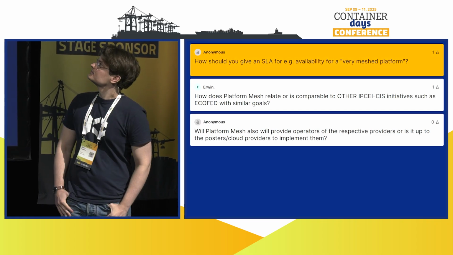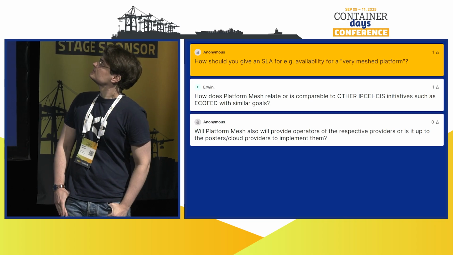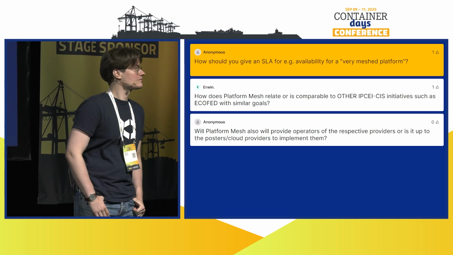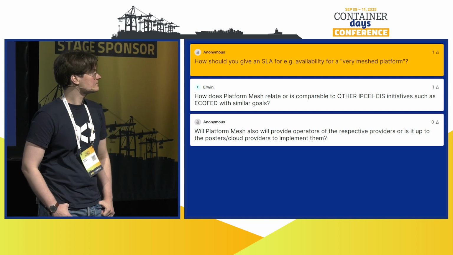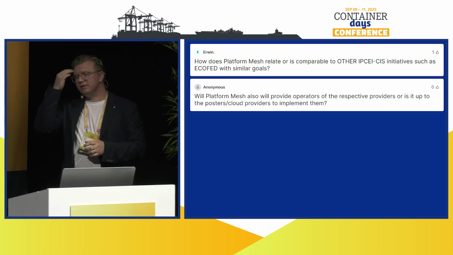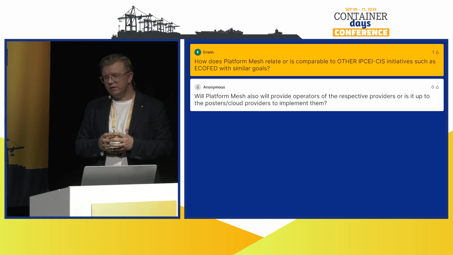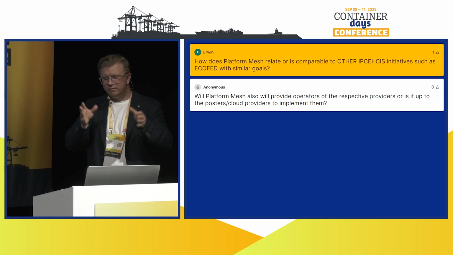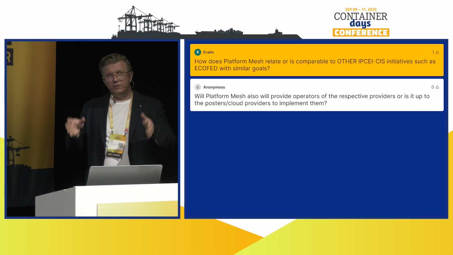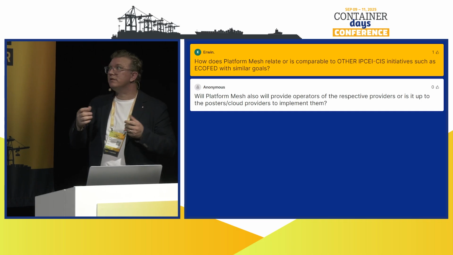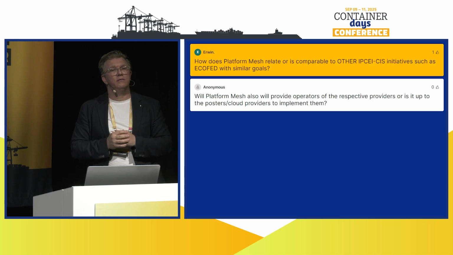How should you give an SLA for availability for a very meshed platform? Okay, let me explain a couple of things. In NeoNephos, we are part of the IPCEI-CIS consortiums, and there are many different work streams in there. So we're not just trying to tackle these big global issues like this one ourselves.